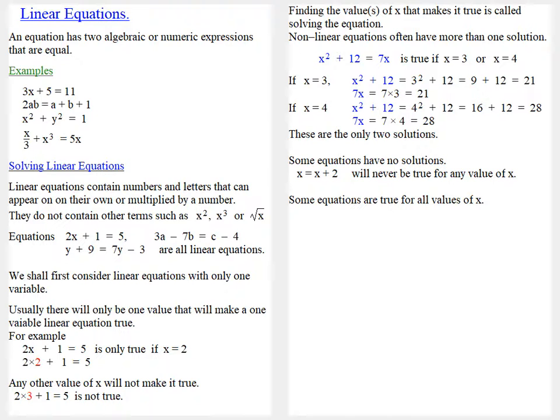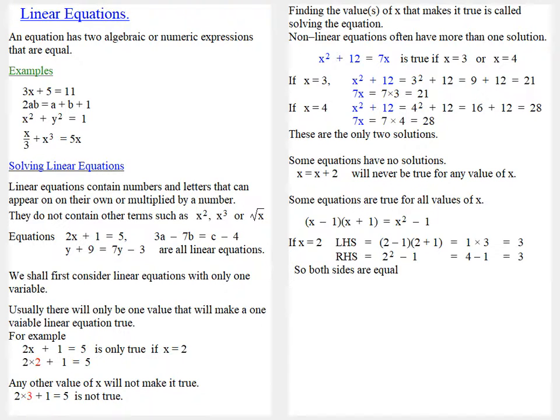If we take the equation x minus 1 times x plus 1 is equal to x squared minus 1, this is always true. For example, if you put in x equals 2, the left-hand side is 2 minus 1 times 2 plus 1, which is 1 times 3, which is 3. The right-hand side is 2 squared minus 1, which is 4 minus 1, which is also 3.